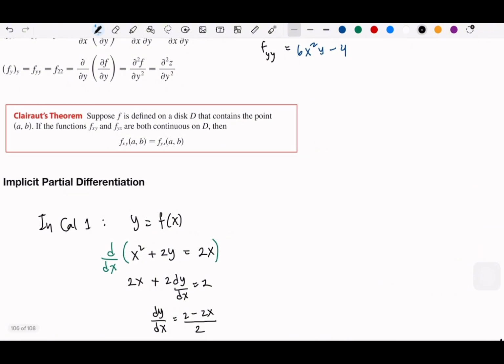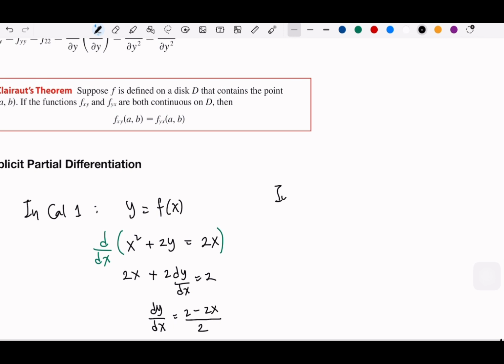So in calculus 2, we may have, let's say, a function of two variables x, y, our z. So we can have two possibilities. We can have d/dx or Leibniz notations with respect to x or with respect to y.